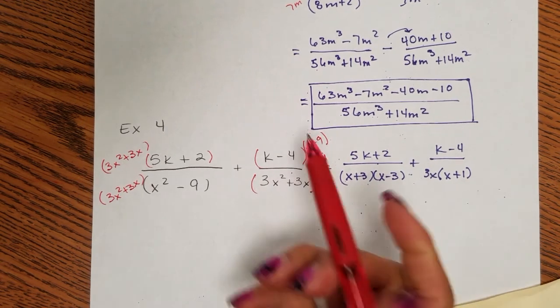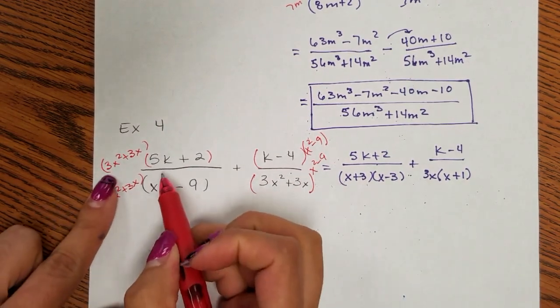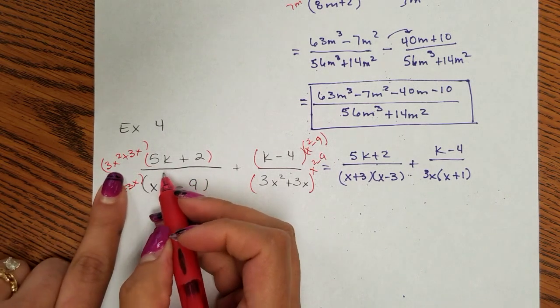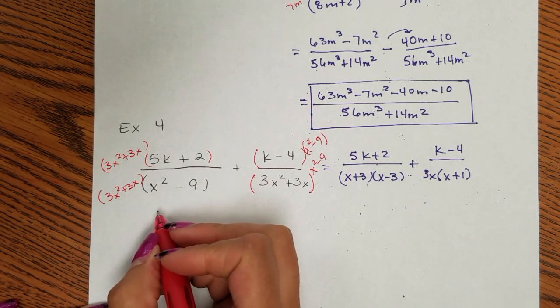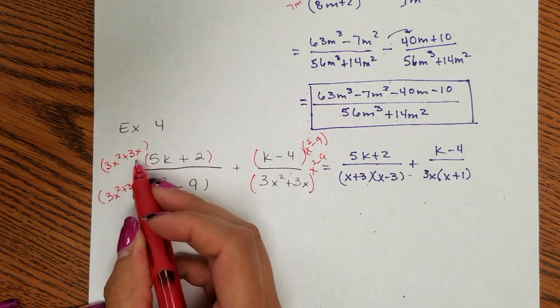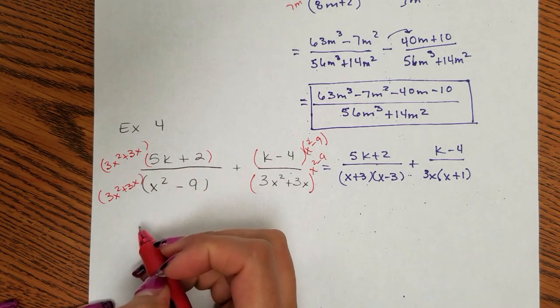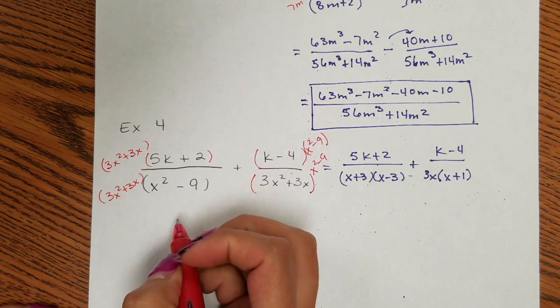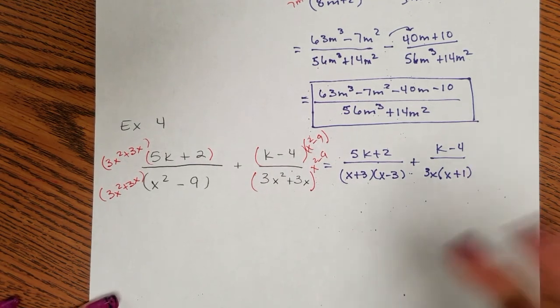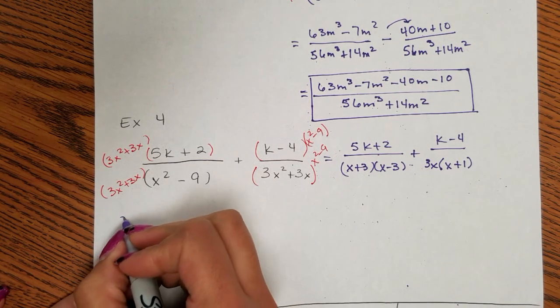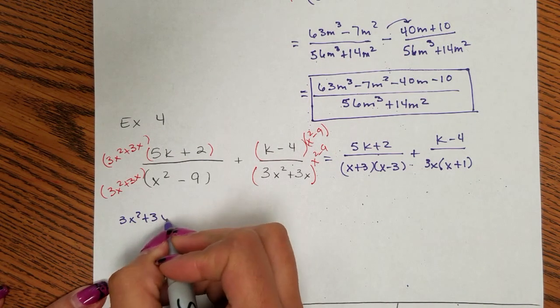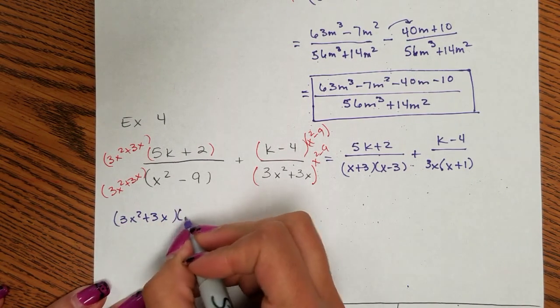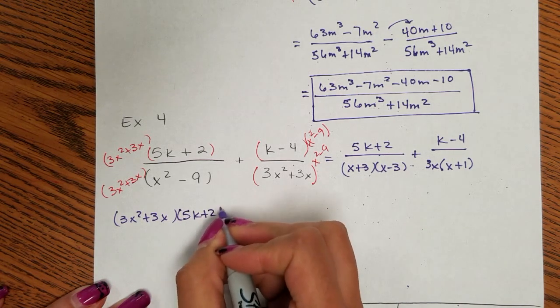Okay, so when we FOIL this, we have 3x squared, let's see. I'm going to make it easy on you guys. So you can actually leave your answer in factored form. So this is what we're going to do. We have 3x squared plus 3x in the numerator times 5k plus 2.